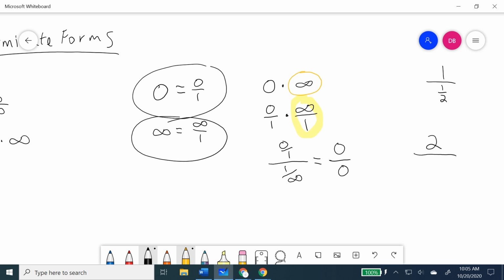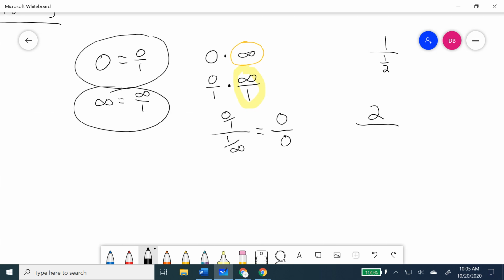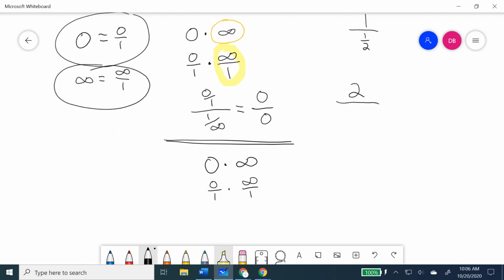And vice versa, I could go the other way if I wanted. I could take 0 times infinity and I could look at writing them as 0 over 1 and infinity over 1. And then choose to reciprocate the 0 over 1 to a denominator.